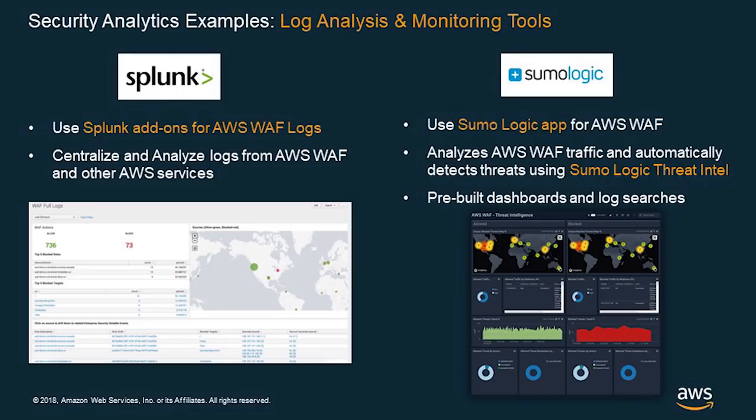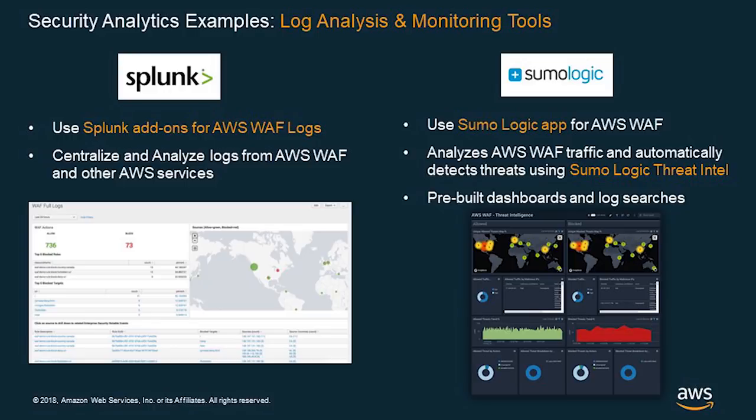Or, as I was talking about earlier, you could use some of our SIEM partners like Splunk and Sumo, who have their own integrations with WAF logs to build your own customized security analytics. For instance, Splunk has enabled a new add-on for AWS WAF logs that allows you to centralize and centrally analyze your logs from AWS WAF, including logs from other sources as well.